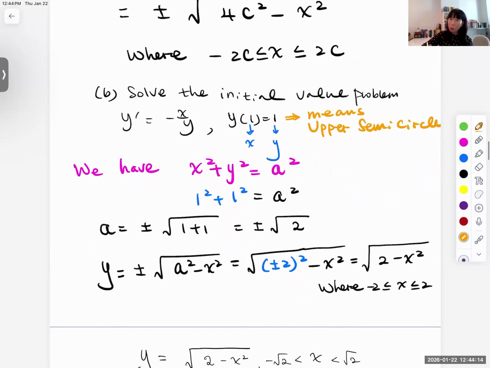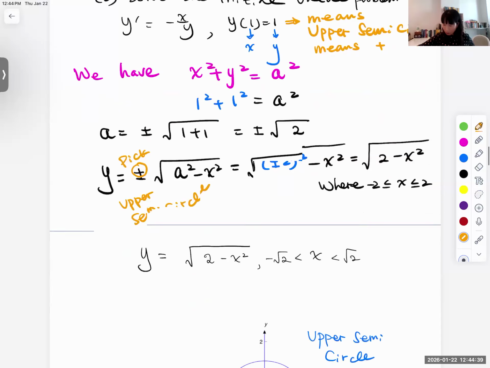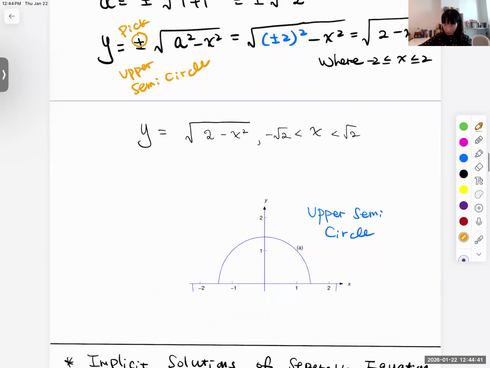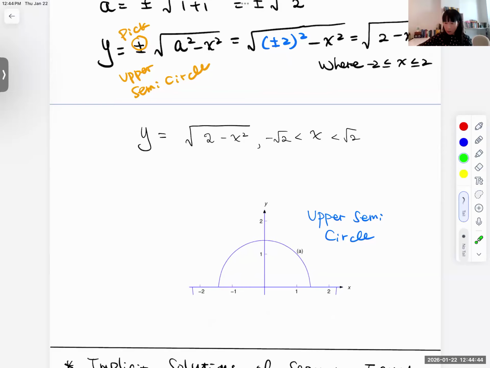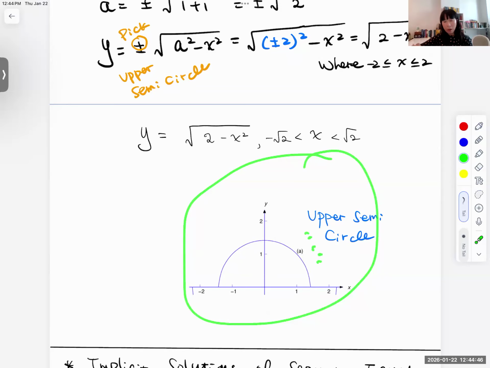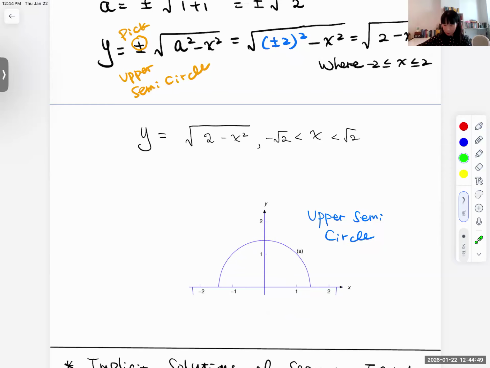So we want only positive, which means positive. So we take only the positive, upper semicircle. Clear? Okay, now let's take a look at this graph from your textbook.